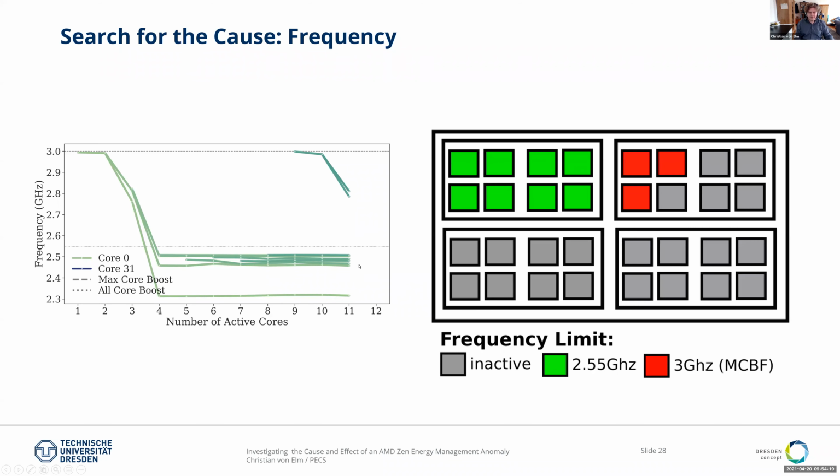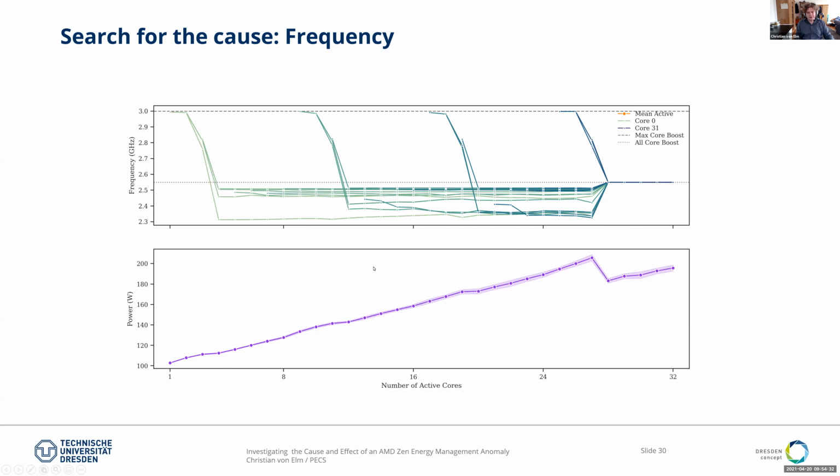First, they exceed 2.55 gigahertz, and once 4 cores in the NUMA node are active, the frequency drops below the 2.55 gigahertz line. And looking into a larger picture, this is what basically happens for the complete run.